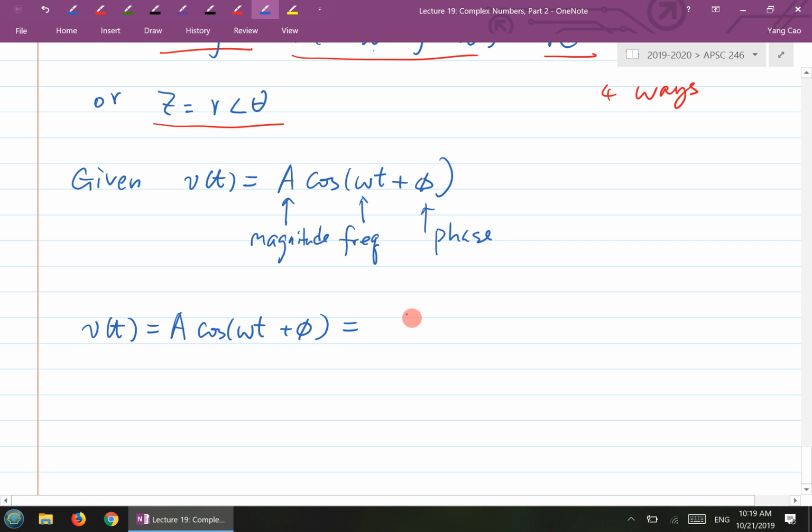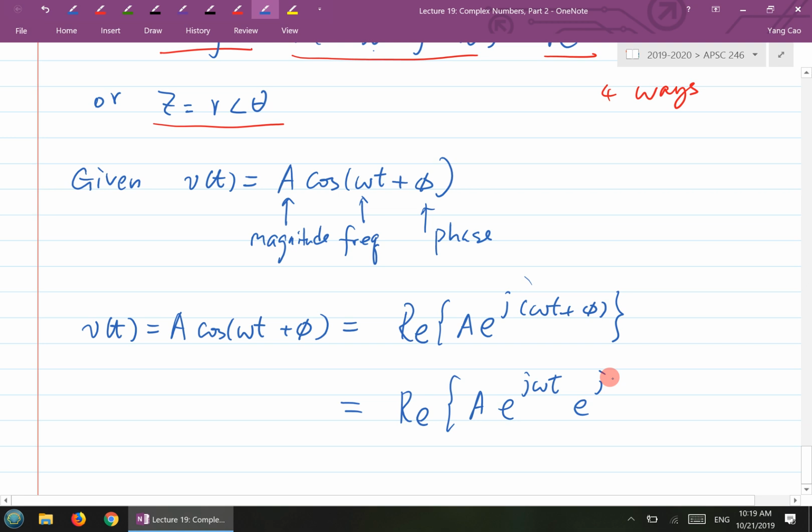I can write it as the real part of a times e to the power of j (omega t plus phi). Because if I expand a times e to the power j (omega t plus phi), I get a cosine of this plus j sine of this, right? So the real part gets us back to this. Then I can manipulate this in the future using this notation. And I can rewrite it as e to the power j omega t times e to the power j phi.